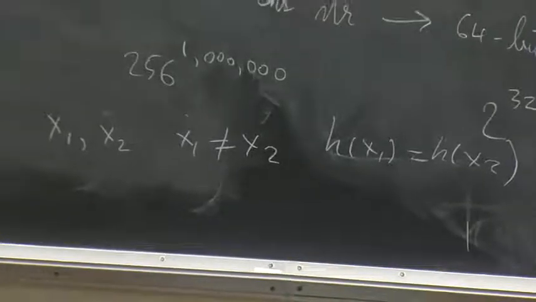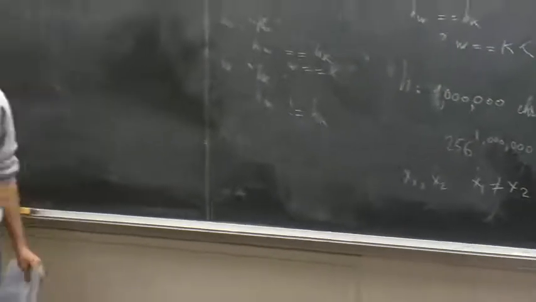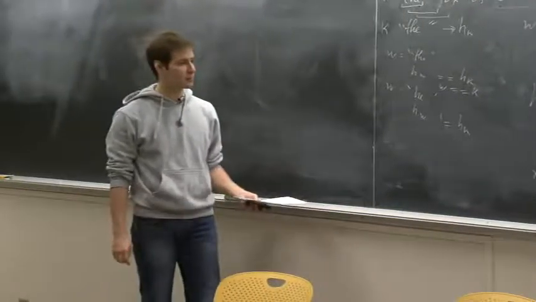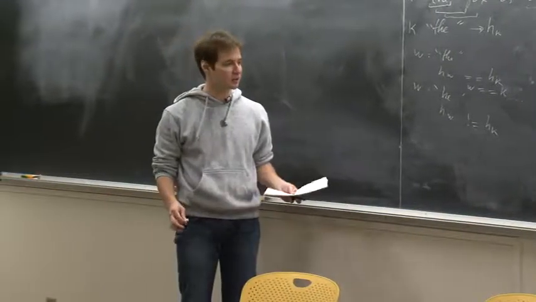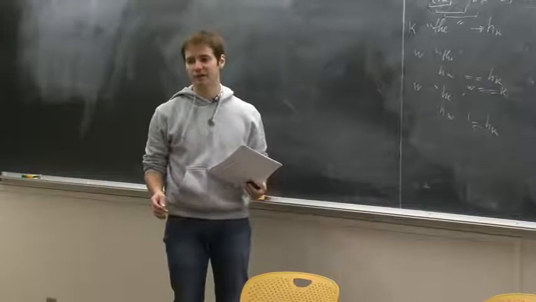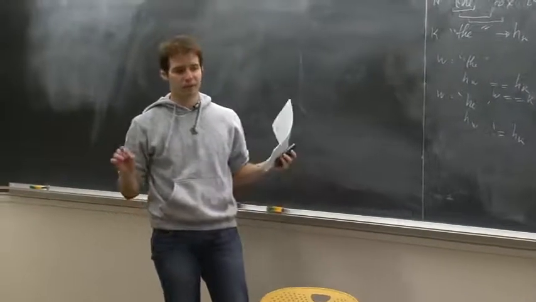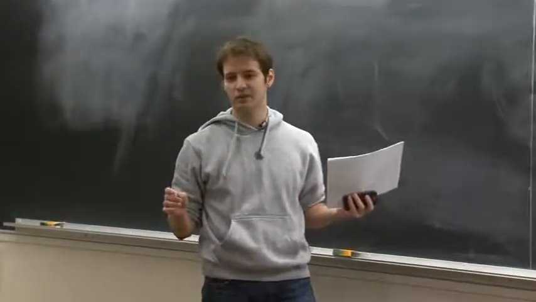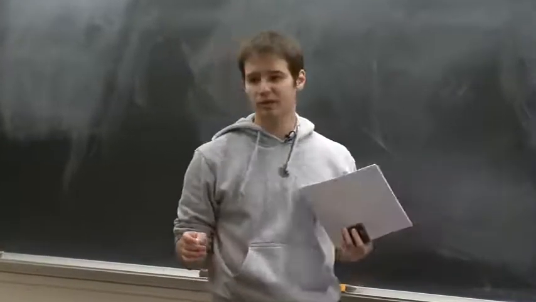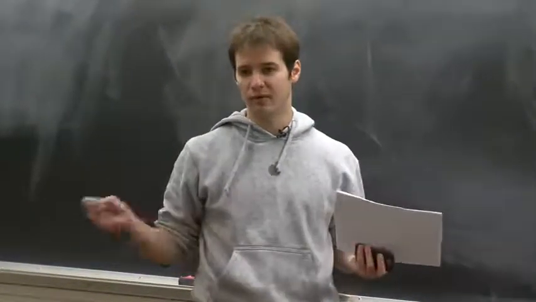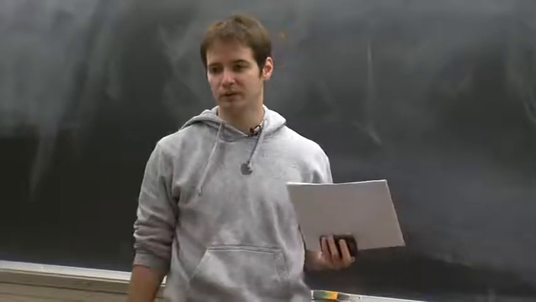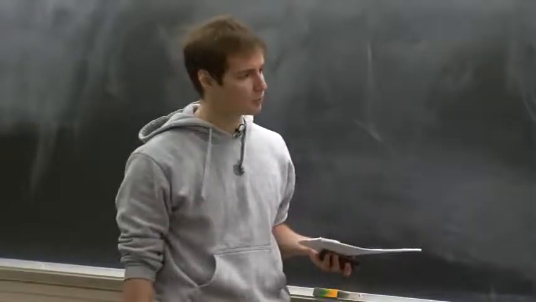What we're hoping for is that the collisions aren't something dumb. So we're hoping that the hash function acts in a reasonably random way. We talked about ideal hash functions that would pretty much look like they would get a random output for every input. And we're not going to worry too much about that.